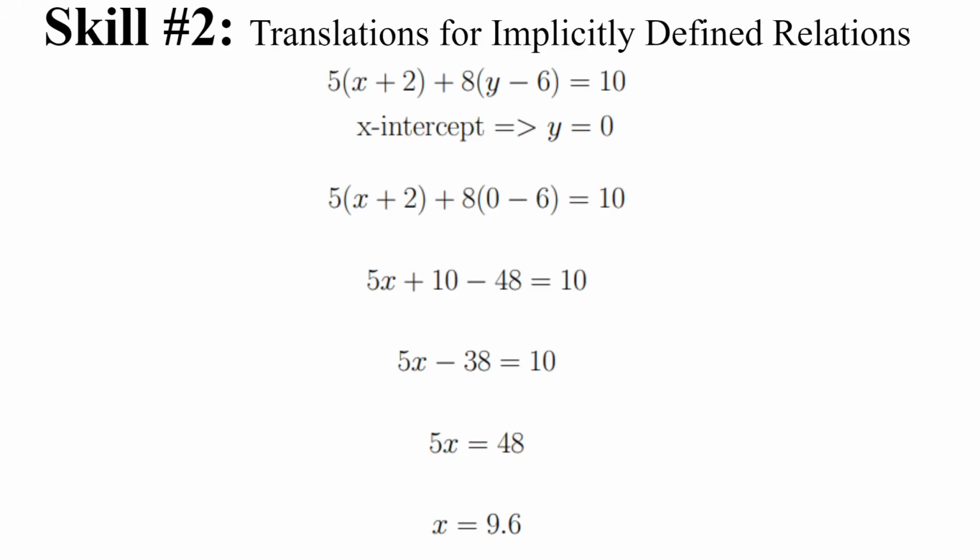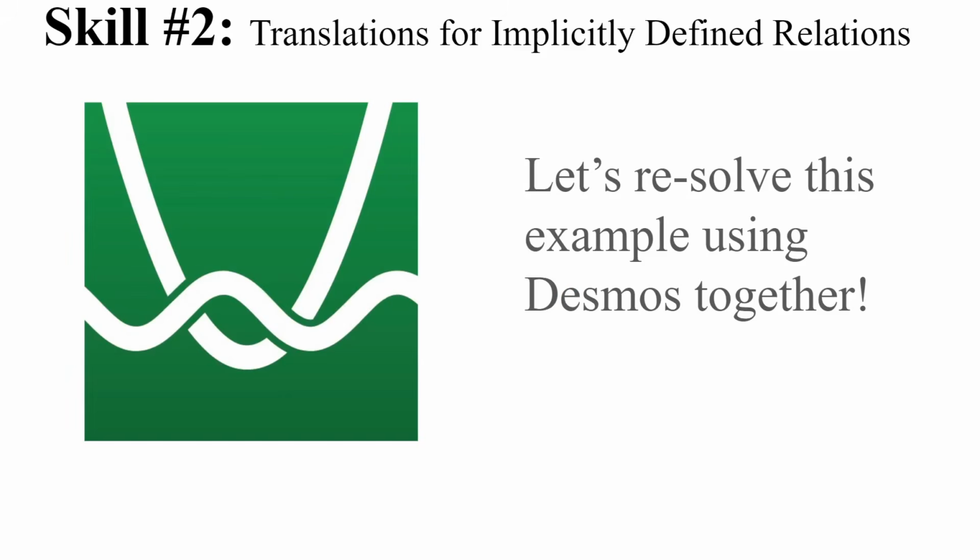Very, very involved question, but I hope it showcases this strategy well. Replace the x's with x minus h, replace the y's with y minus k. Let's go ahead and resolve this example really quickly using Desmos.